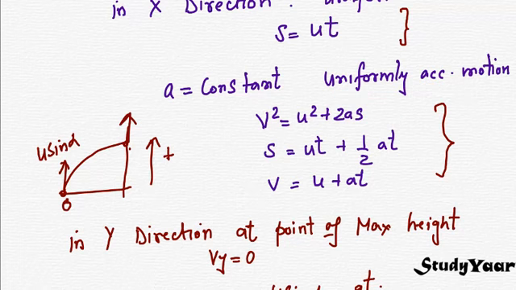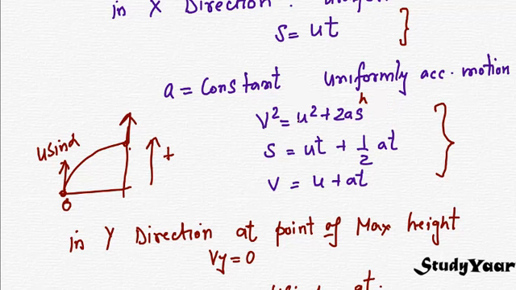So my final velocity is 0, my initial velocity is u sine alpha. What is s? Your s is displacement. Your displacement in the y direction is the maximum height. Therefore I can get my maximum height if I use this particular equation. v is known to me, u is known to me, a is minus g.